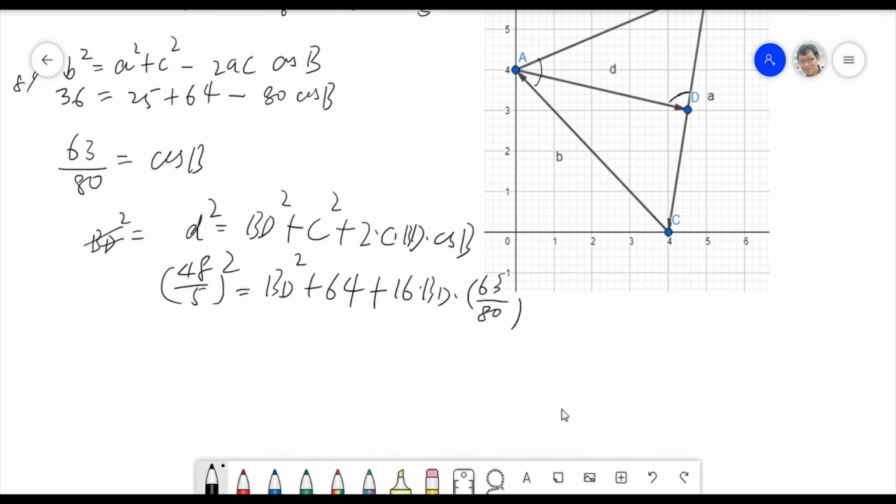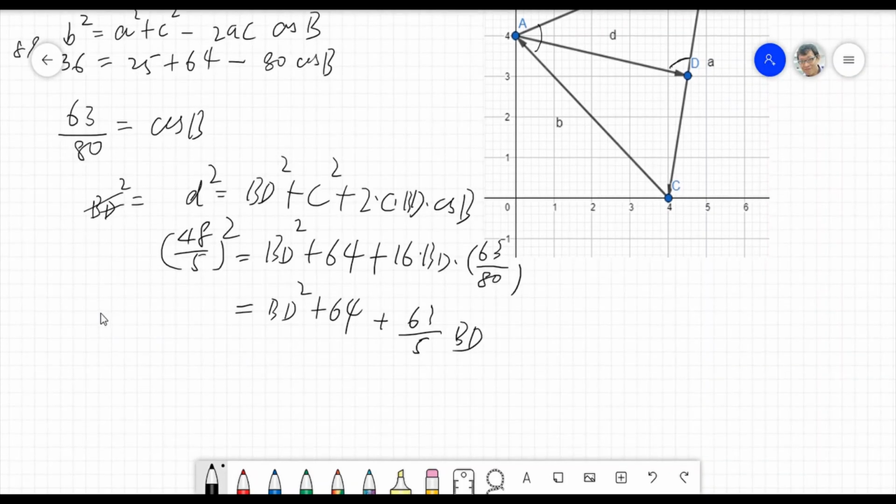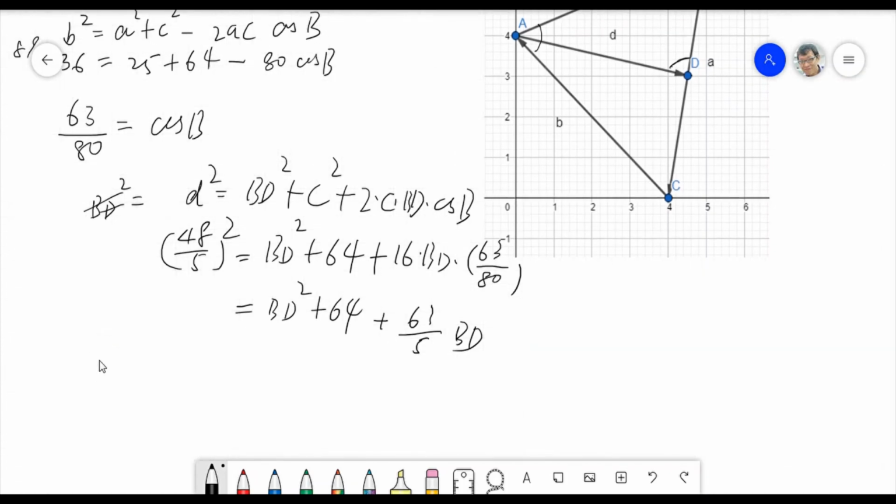So this side is BD squared plus 64 plus, this can be 5, so 63 divided by 5 times BD. Am I right? Can we do it this way? Yes.